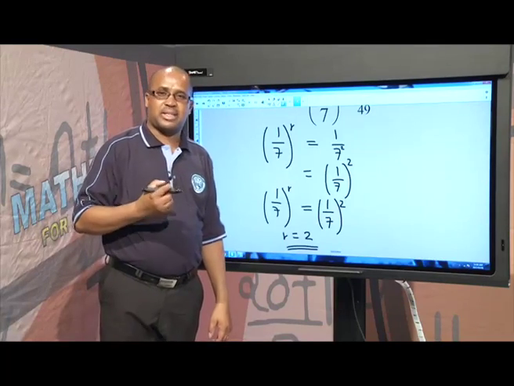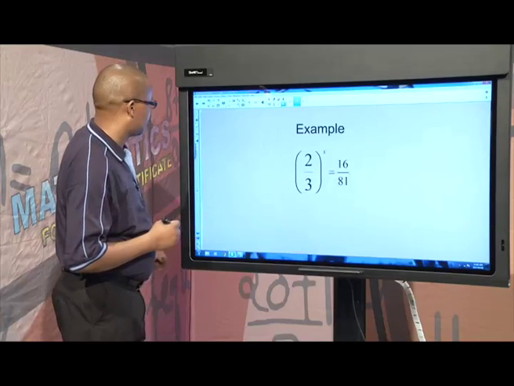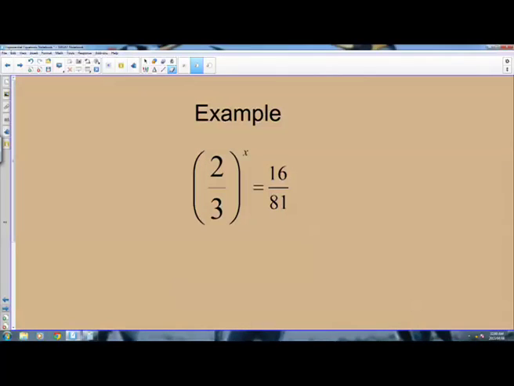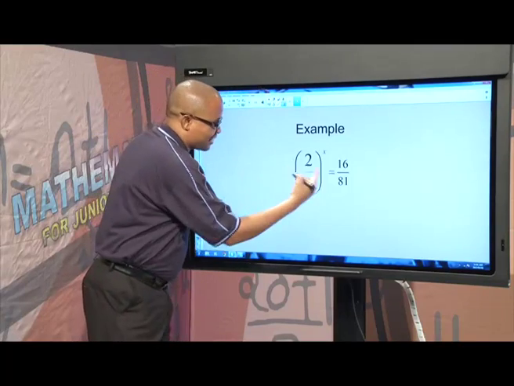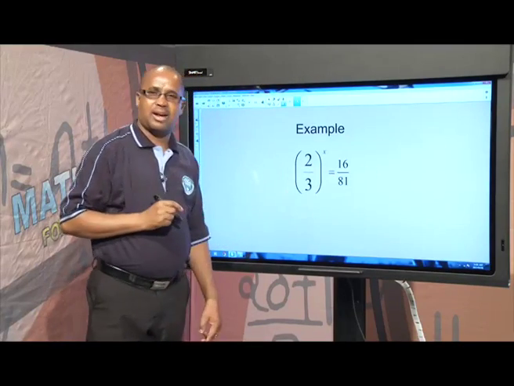Let us have a look at another example. Another example is this. 2 over 3 raised to the power x equals 16 over 81. So, remember, every time before you can start solving, make sure that the bases on either side of the equal sign are the same.